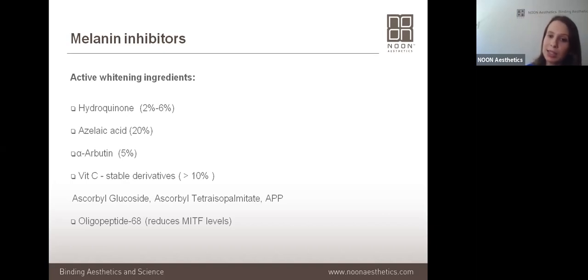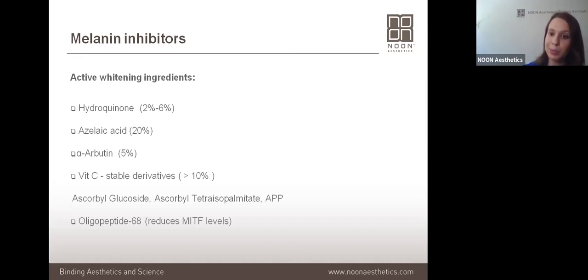The other ones are azelaic acid, which is a melanin inhibitor, and it inhibits the tyrosinase enzyme, and I will show it in a few seconds.